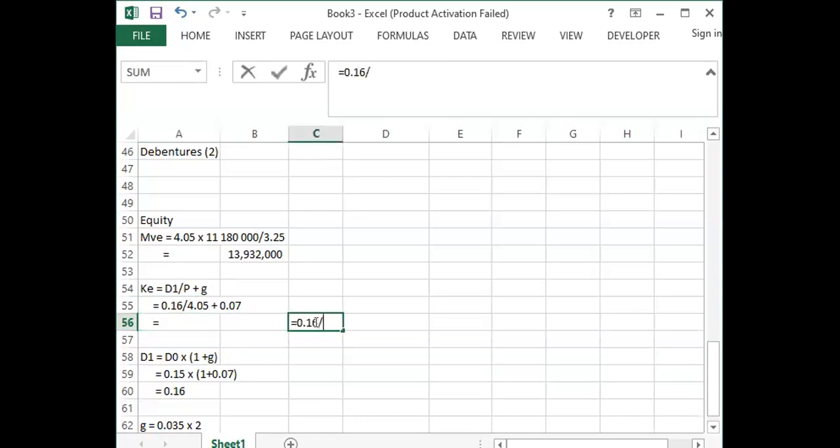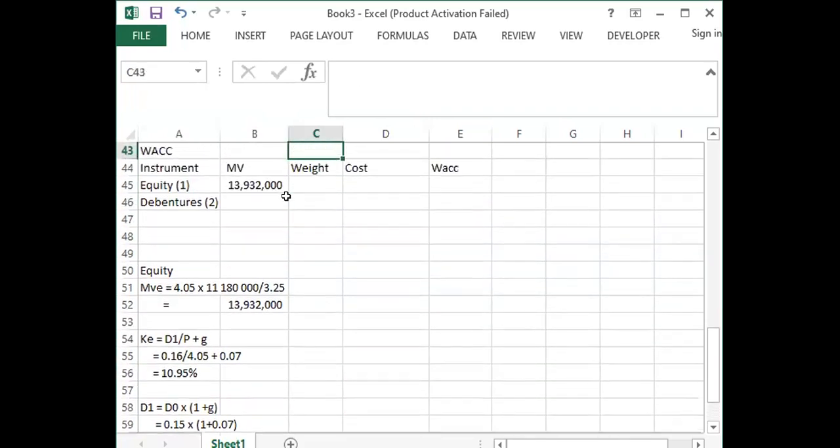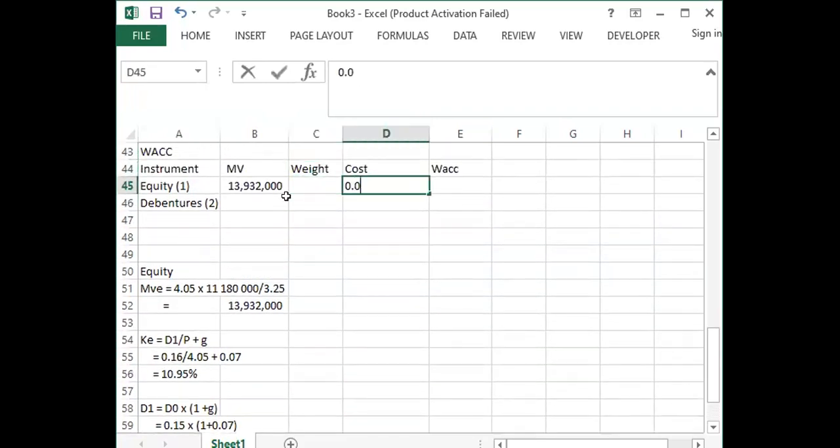So 0.16 divided by 4.05, and then we add 0.07, which is the new growth rate. So KE is 10.95%. Note that this is a decimal and we've just converted that to a percentage. I'm going to put it here as a decimal, 0.1095, and then we'll do the conversion later.